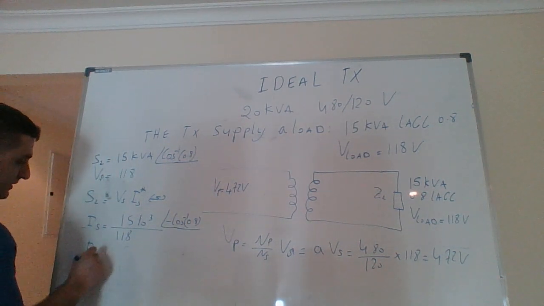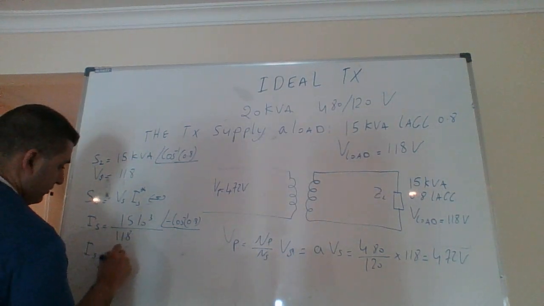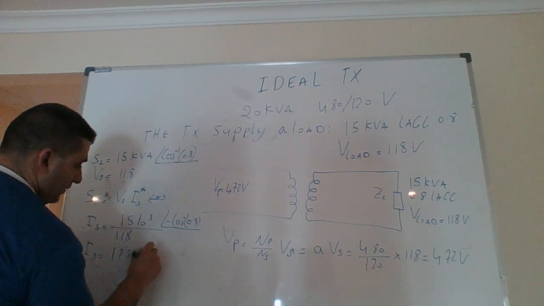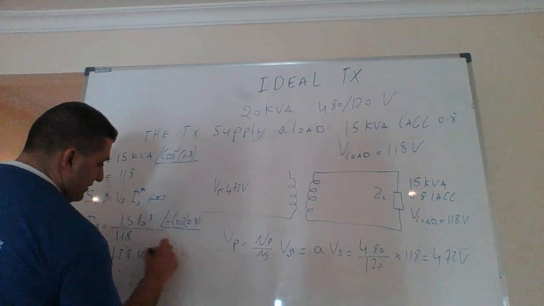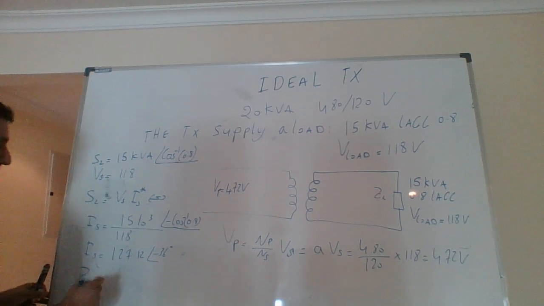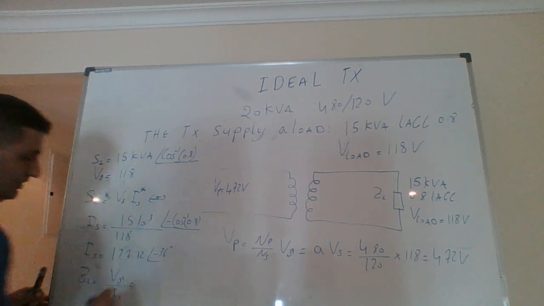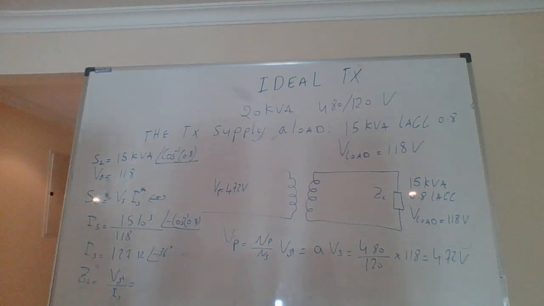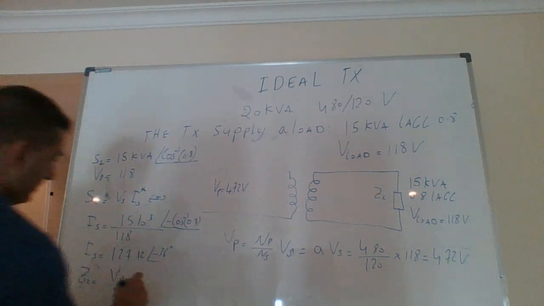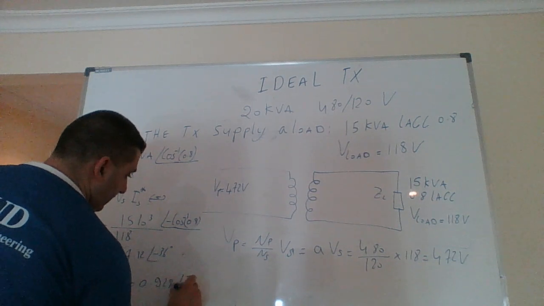So I secondary is 127.12 angle minus 36 degrees. Z2 is equal to V secondary divided by I secondary, which is 0.928 angle 36 degrees.